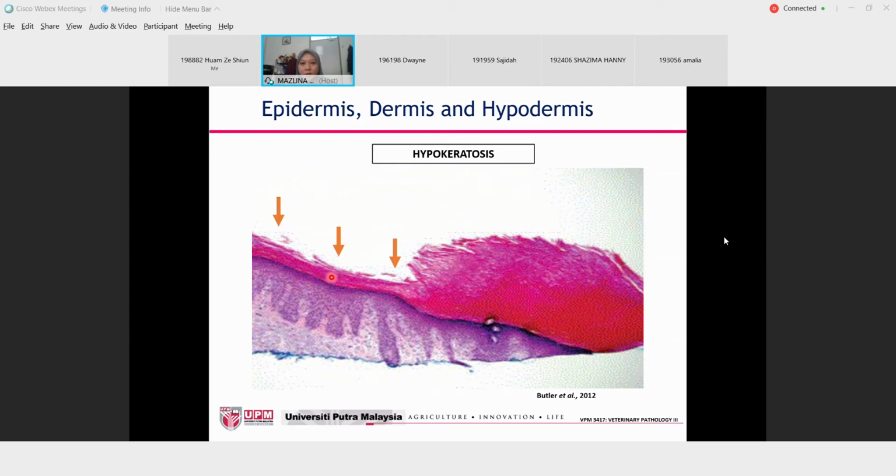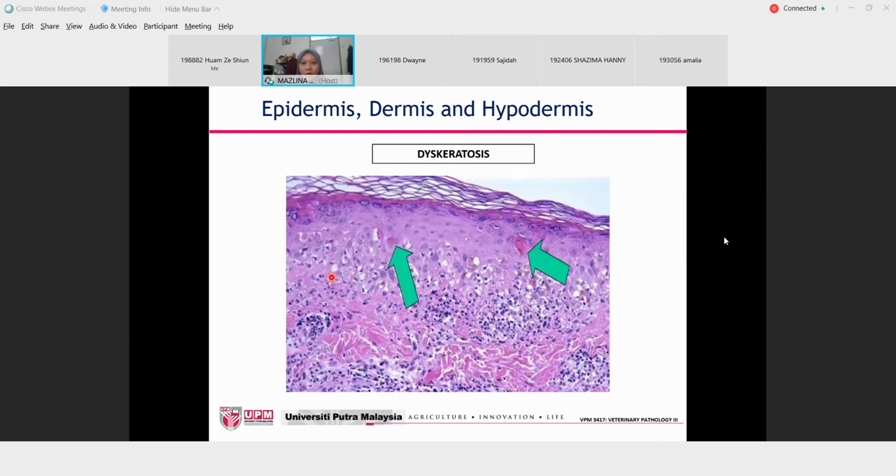Okay, so just now, with dyskeratosis, I mentioned how the cells look. They are usually larger in size. The cytoplasm is usually redder or more eosinophilic than the normal keratinocytes. And if you look at the nuclei, they are usually more condensed and dark staining compared to the normal cells.